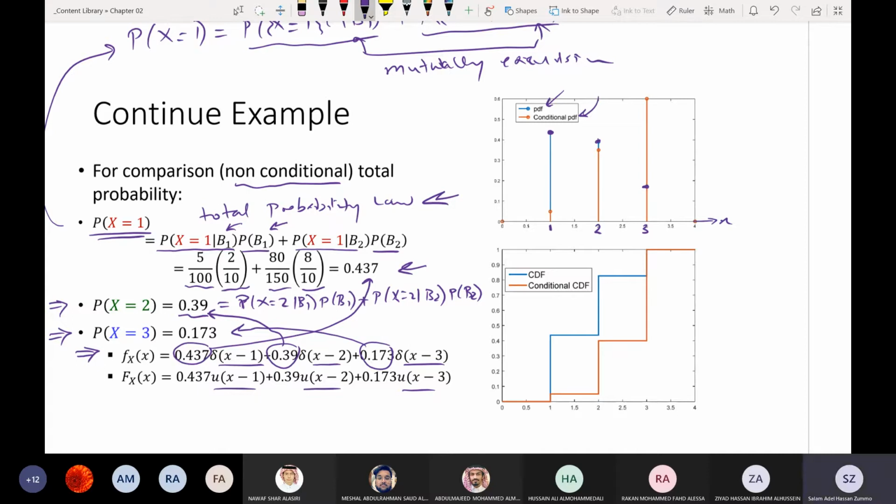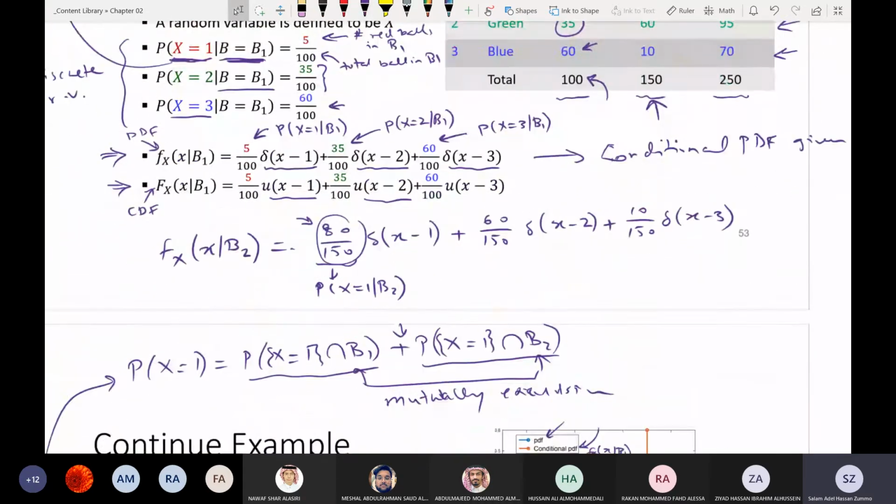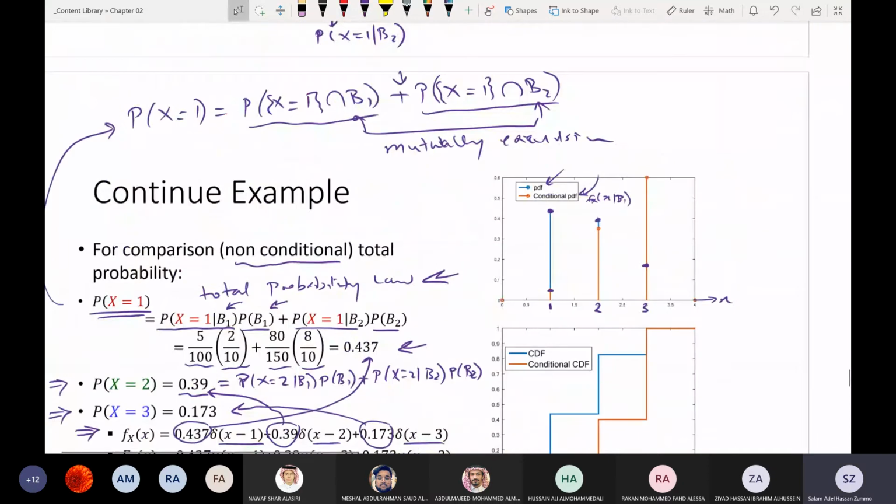Whereas if we look at the conditional PDF, f_X of x given b1, at 1 it's small, 0.05, 5 over 100. At 2, it's 0.35.